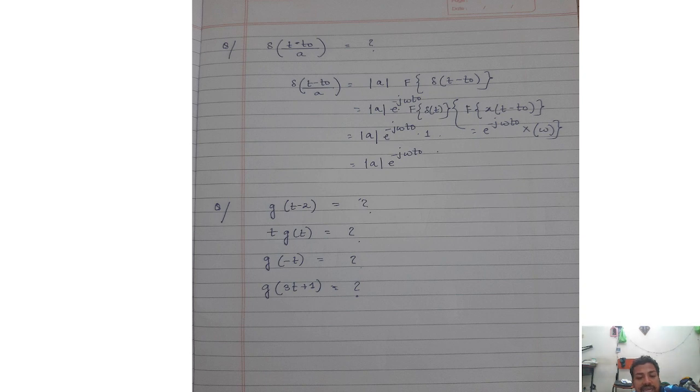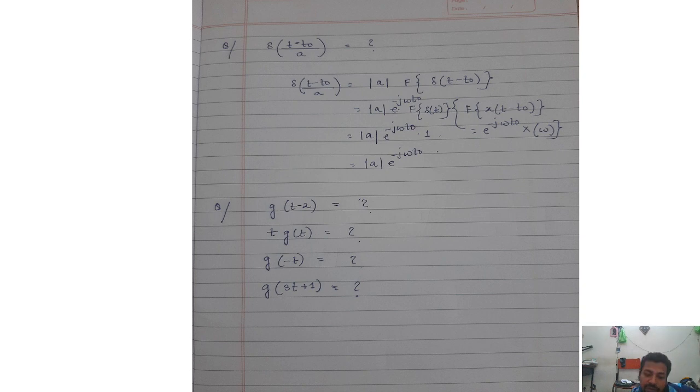Now I would like you to find the Fourier transform for these four signals. I can give you some hints. For example, the first one is g(t minus t naught). It looks like time shifting. It's shifted by 2. So we can apply the time shifting property and get the answer.